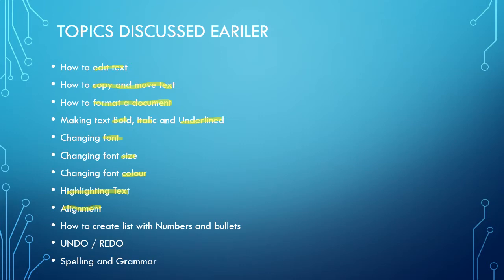Then in our previous video, we have seen how to create lists with numbers and bullets, how to undo and redo, and also how to check the spelling and grammar. All these topics we have discussed earlier. So now let's start this video.